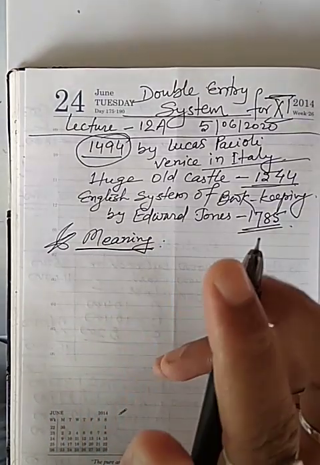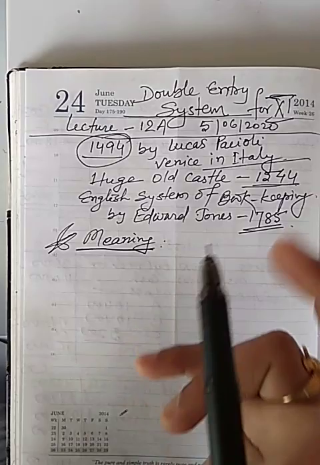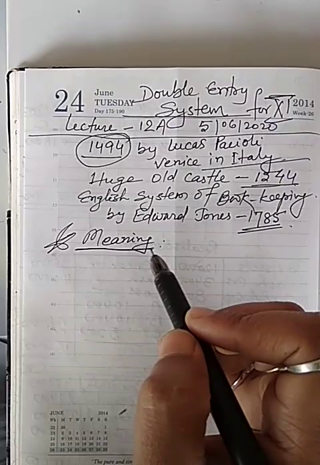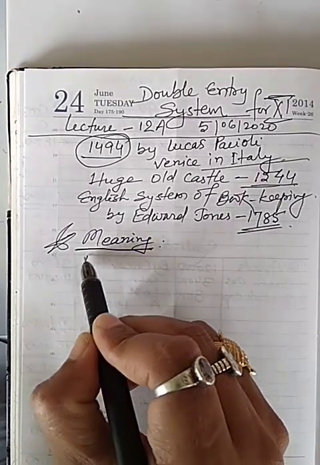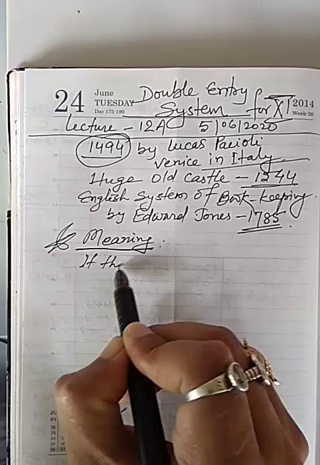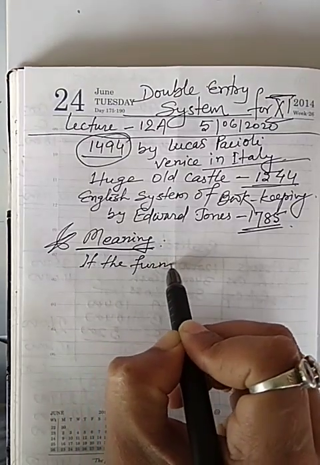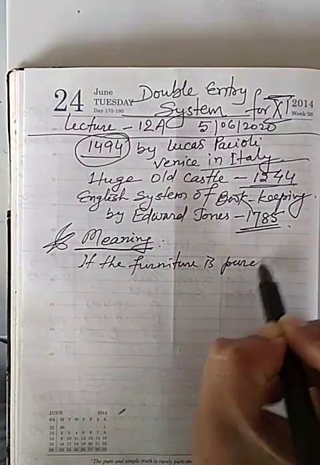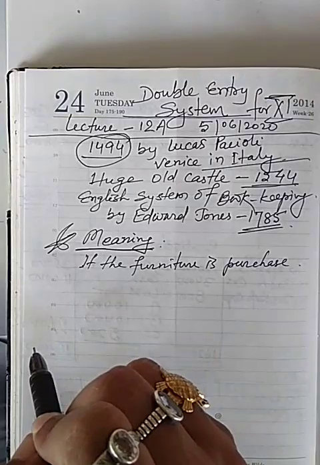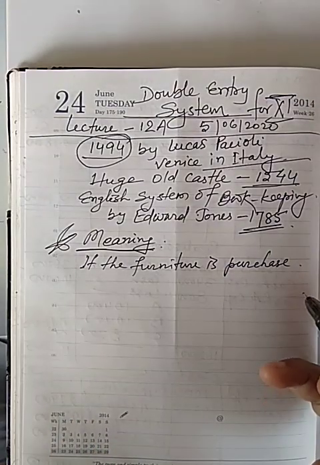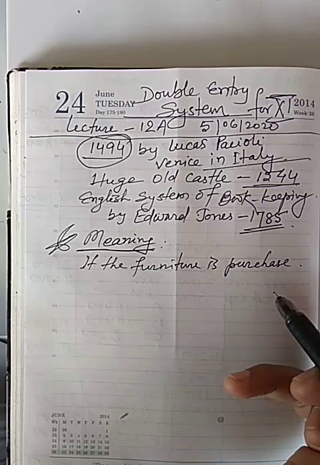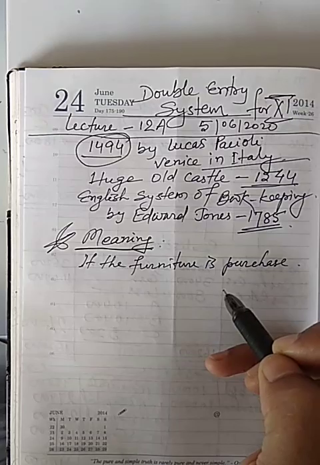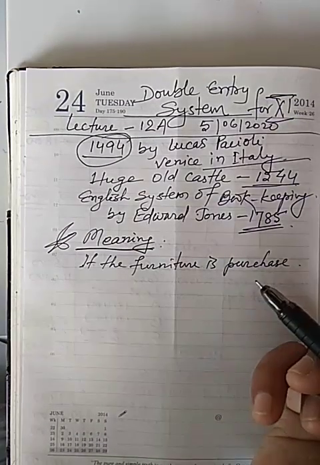For example, if furniture is purchased, in the business furniture is increased, whereas cash is decreased.